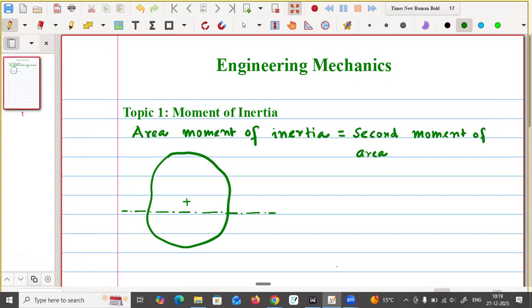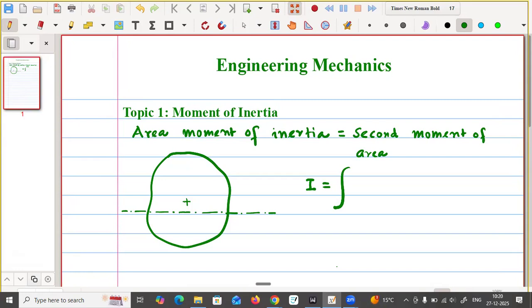It is denoted with I, for inertia. Both area moment of inertia as well as mass moment of inertia are denoted with I. And it is given by integration.